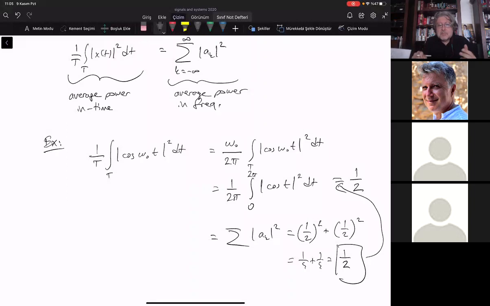For instance, we will in the near future see that the Fourier transform of a sinc shape, which is sine t over t type thing, will be a rectangle. So what is the integral of sine squared t over t squared dt from minus infinity to infinity?